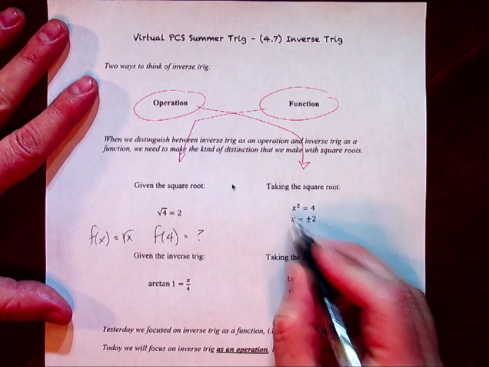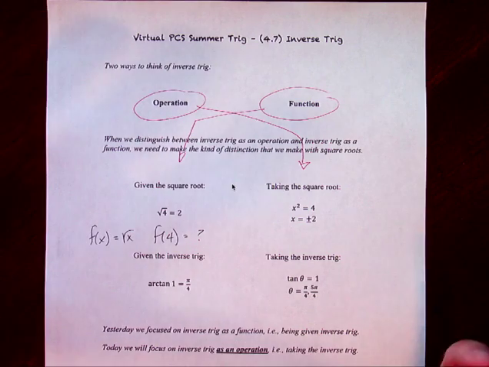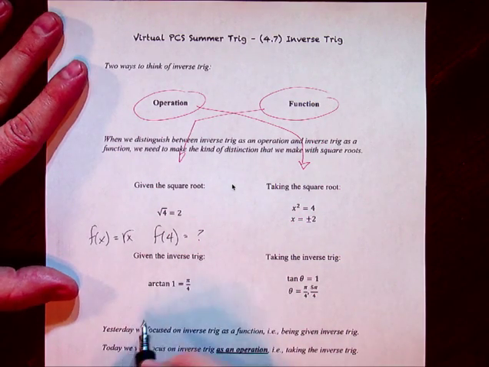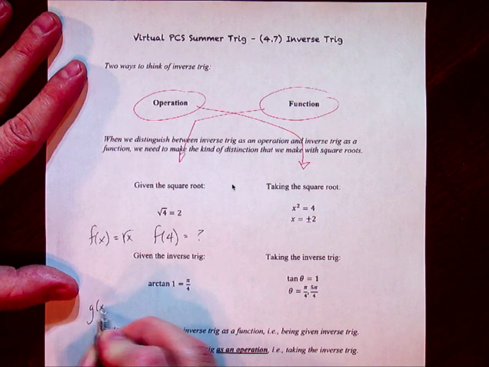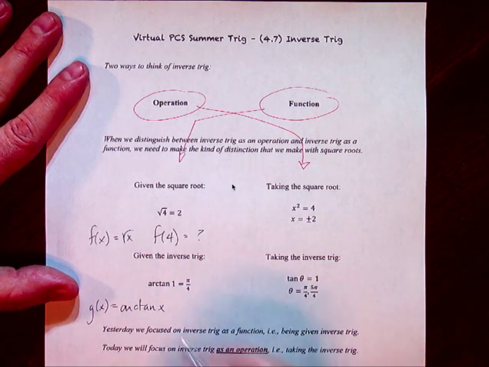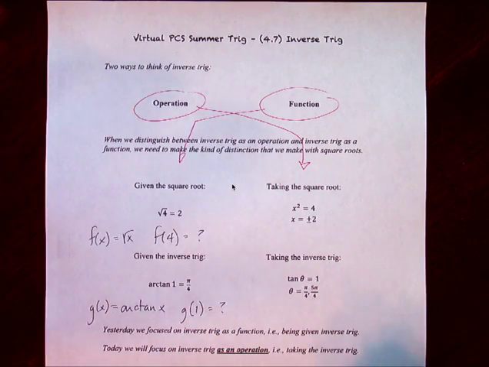Here, where we're actually solving what satisfies both of these, we're not bound by those constraints. And the same thing with inverse trig. When I'm given the inverse trig function arctan of x, and I'm asked what is g of 1, because of the constraints that define a function, I'm being asked what is that one value.